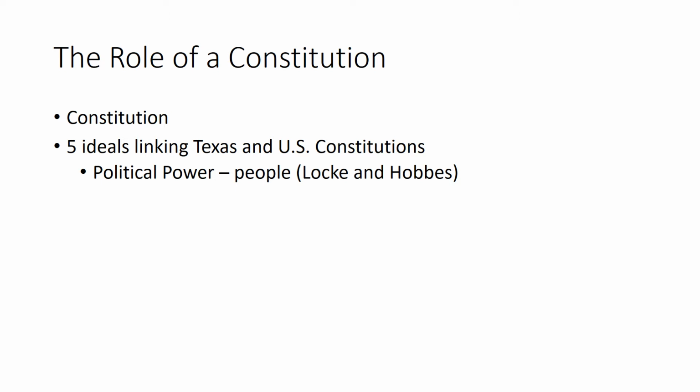Hobbes stated, government comes into being when people give up some of their rights and agree to be ruled by a government. Locke took this concept a step further and said, yes, people do give up some of their rights when they create a government. However, people reserve the right to rescind their social contract if the government oversteps their authority.